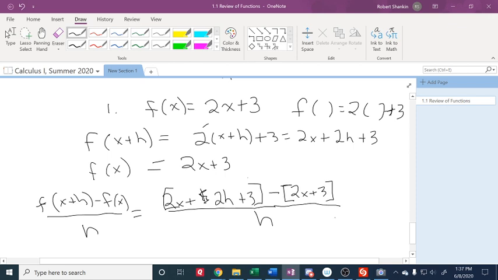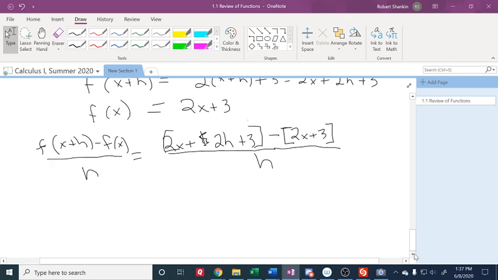Now, when I further work on this, I'm going to have the 2x and minus 2x cancel each other out.